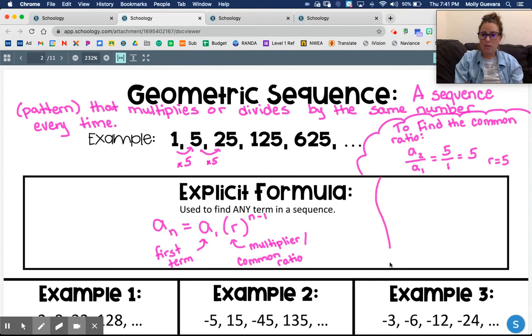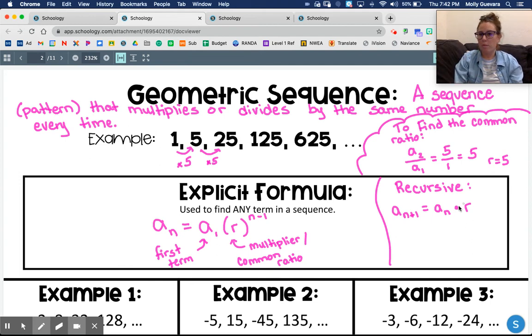Let's make a little section off for my recursive formula, which, lucky for us, is exactly the same as arithmetic. The next term in the sequence, a sub n plus 1, is equal to the current term times whatever my r is. Instead of adding d, I'm just multiplying by r.